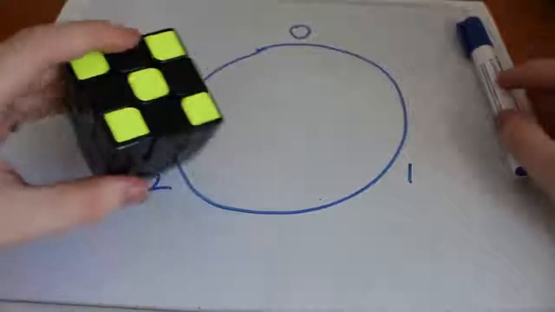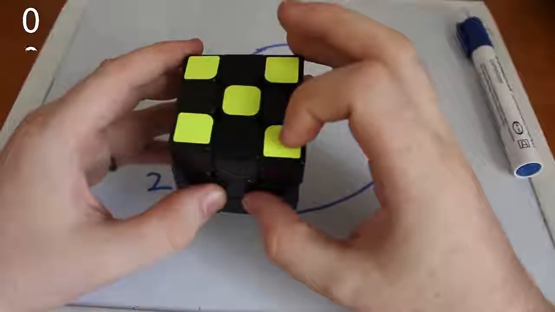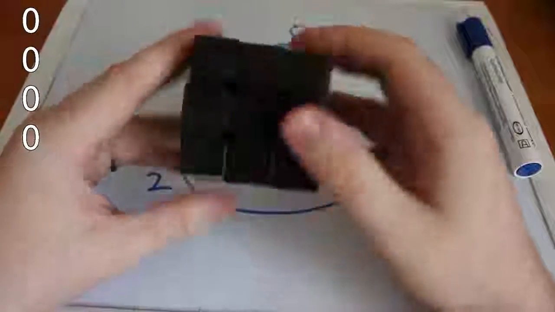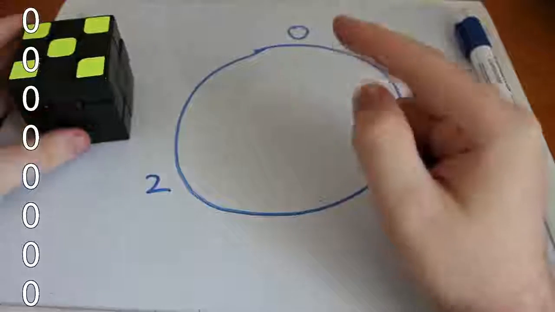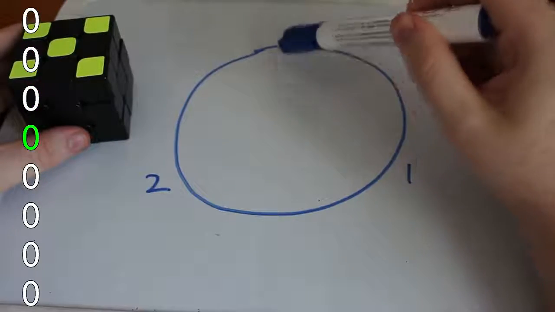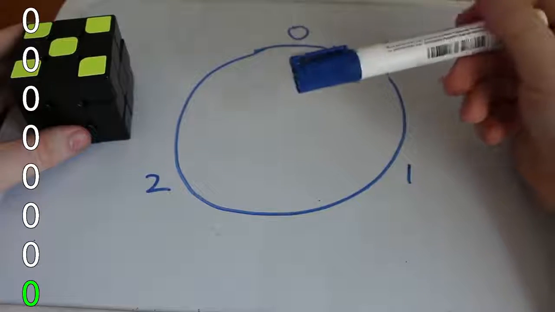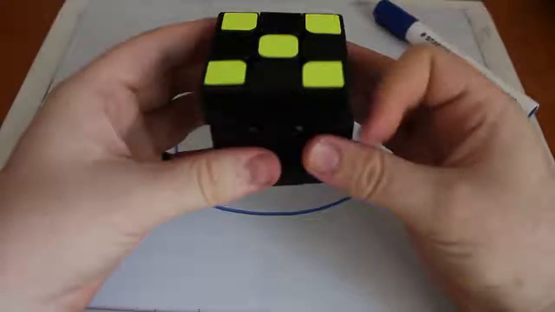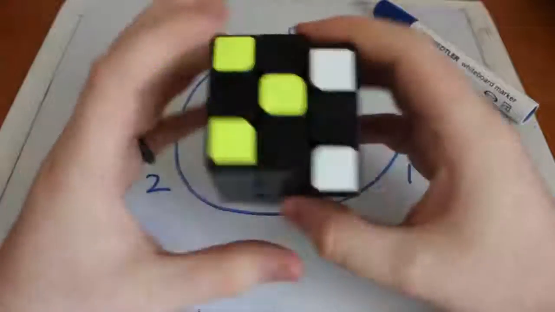If we list the orientation of all the corners on a solved cube, we would have 0, 0, 0, 0, 0, 0, 0, 0. Going around the circle, we obviously end up at 0. Turning the top or bottom faces has no effect on this, and neither does turning any of the side faces 180 degrees.